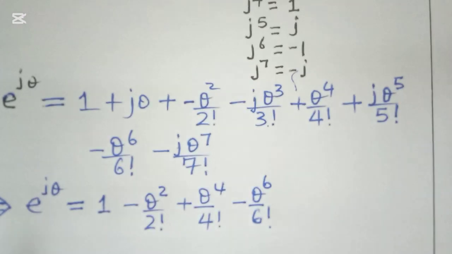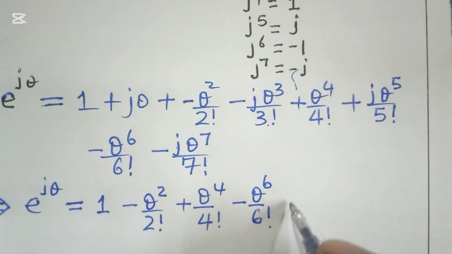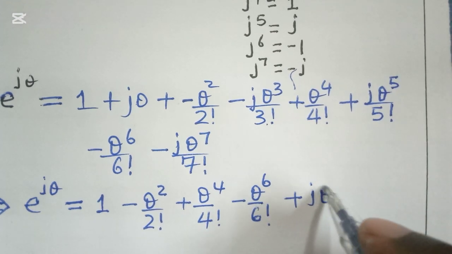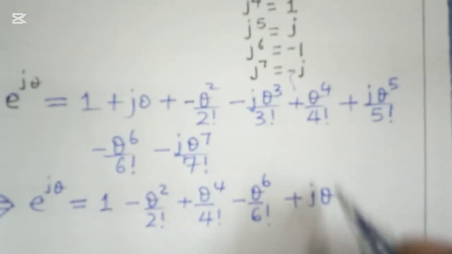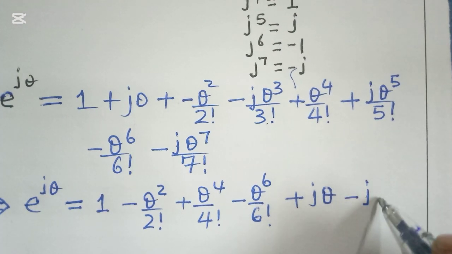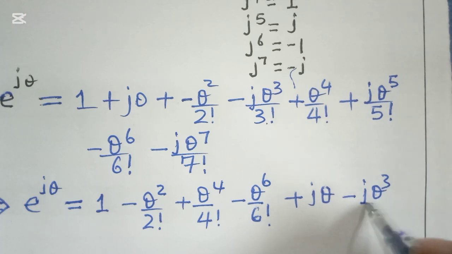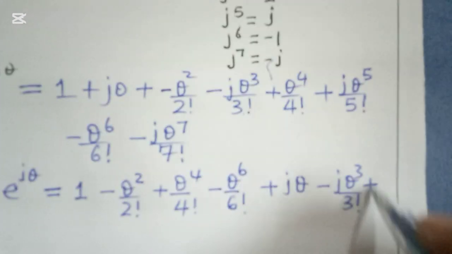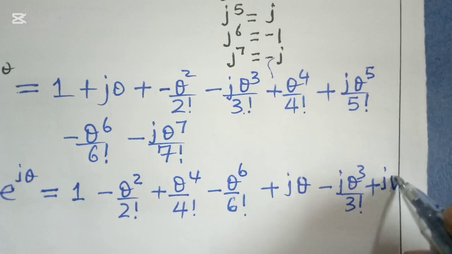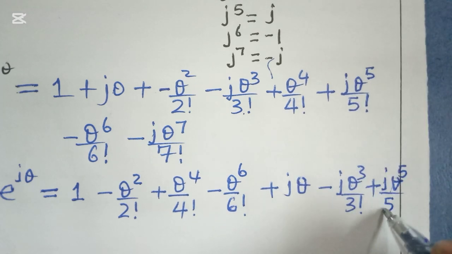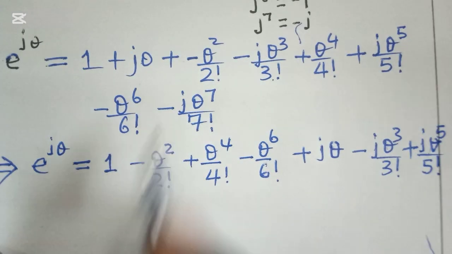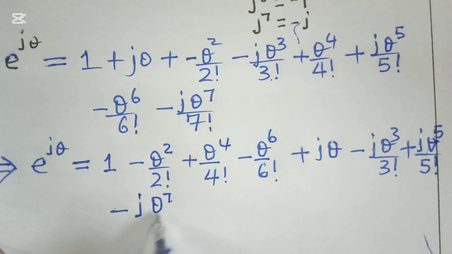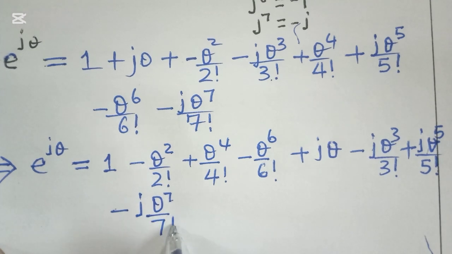Guys, I can also go for the odd terms, plus j theta minus j theta cubed all over 3 factorial plus j theta raised to 5 all over 5 factorial, and finally minus j theta raised to 7 all over 7 factorial.